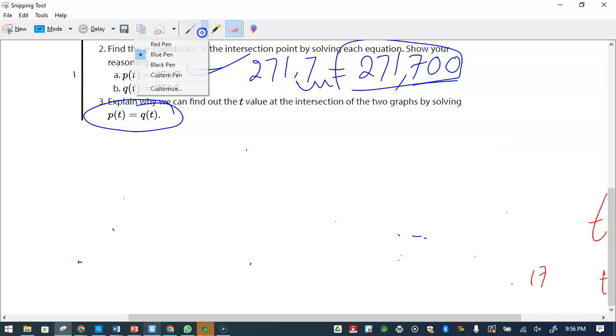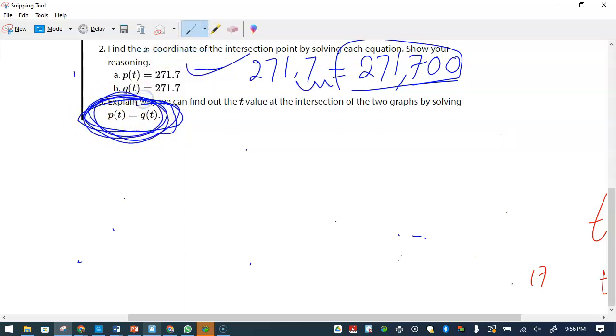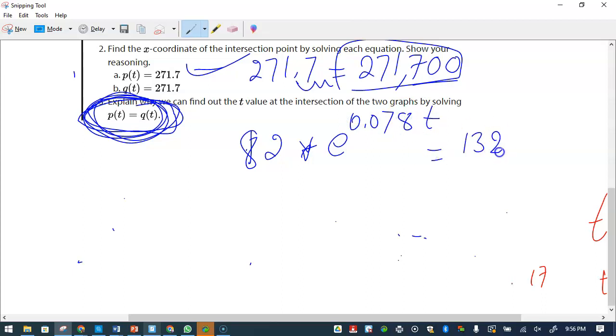Okay. So what I'm saying is the both populations are the same, right? The first one was, if you see the first one is 82 times e raised to 0.078t equals 132 e 0.047t, right? So we can use these two equations also and figure out, even though they did not give us, I'm going to show how to do.